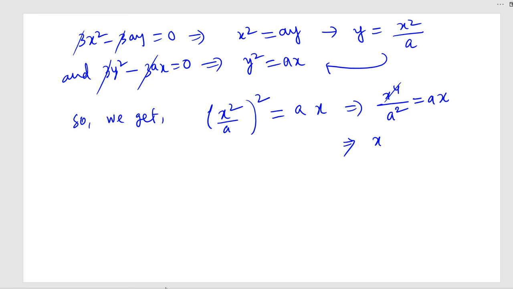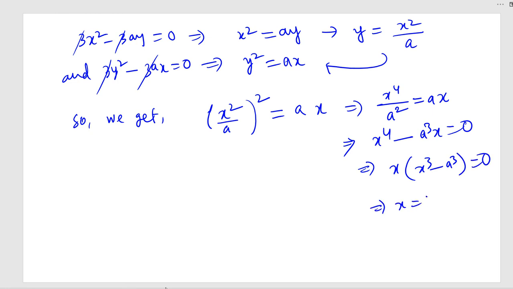Now let us write x to the power 4 minus a cube x equals 0. So from here x times (x cube minus a cube) equals 0.